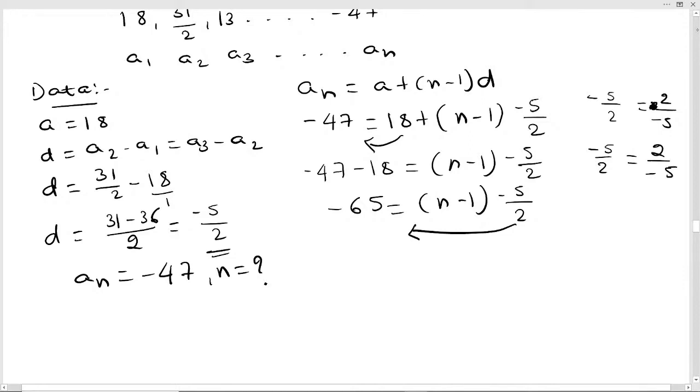For example, if you send 3/8 to the LHS or RHS, it will become 8/3. Now you have understood, I think.